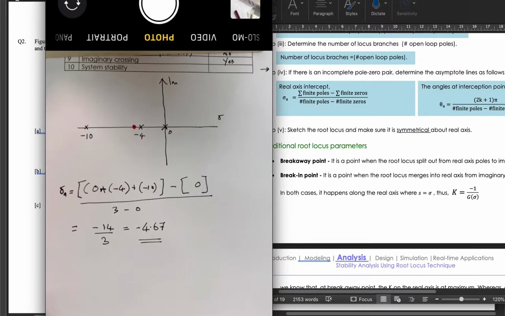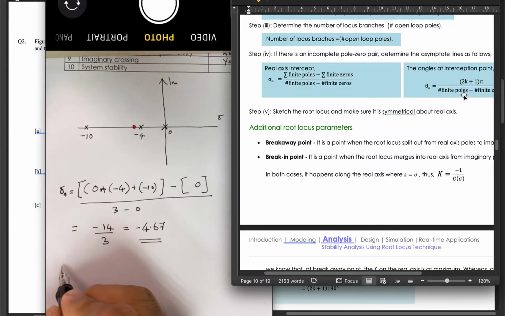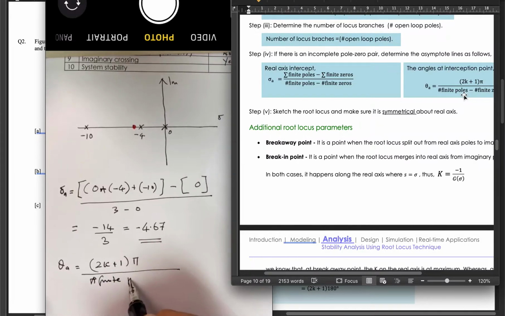We need to use this formula, which is theta A equals (2k plus 1) pi over the number of finite poles minus the number of finite zeros.